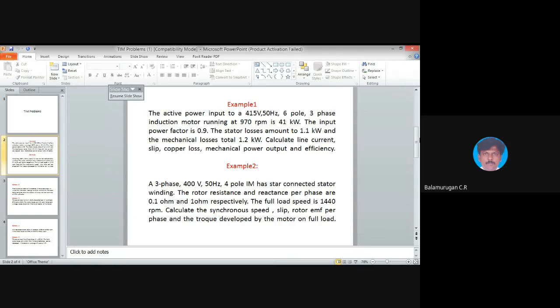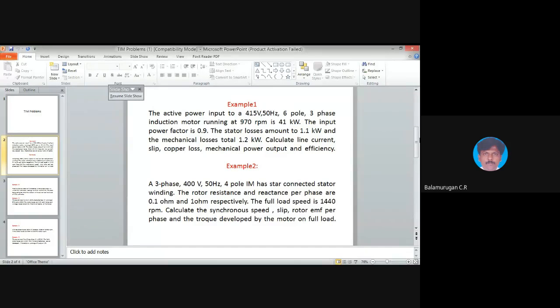So in the constant you will use only small ns. Okay. So capital Ns will be in terms of rpm, that is the synchronous speed, and this is the synchronous speed in terms of seconds. So capital Ns divided by 60 will give the small ns value. So try to solve and tell the answer for torque.